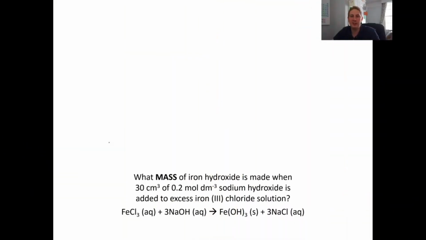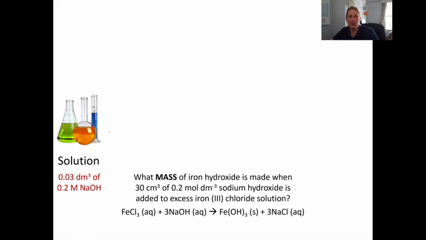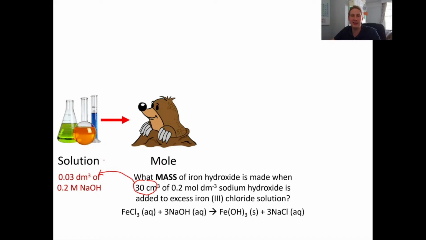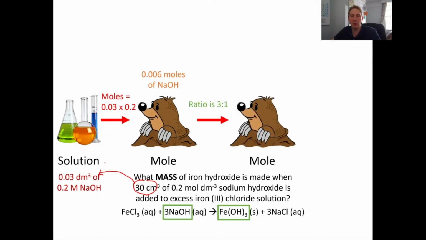Okay, well we're going to start with the amount of sodium hydroxide solution. So we have a solution, 0.03 dm³. Remember always to convert cm³ into dm³ when doing concentration calculations. Multiply those together to get the number of moles of your sodium hydroxide. Well, we know that 3 moles of sodium hydroxide makes 1 mole of iron hydroxide.